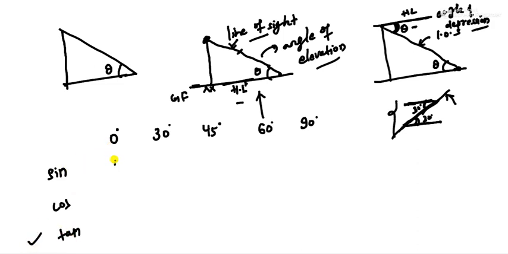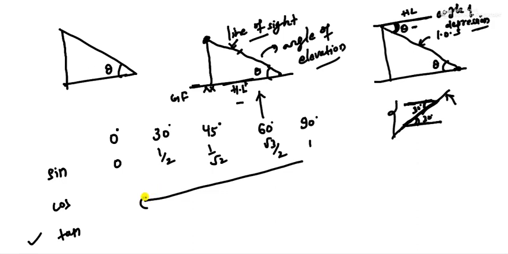Sine 0 is 0, sine 30 is 1 by 2, sine 45 is 1 by root 2, sine 60 is root 3 by 2, and sine 90 is 1. What about cos? It is just the reverse: 1, root 3 by 2, 1 by root 2, 1 by 2, and 0. What about tan?